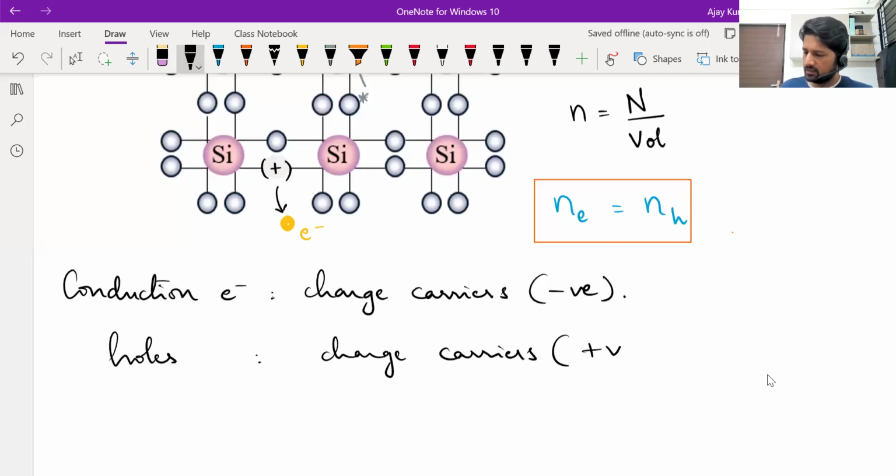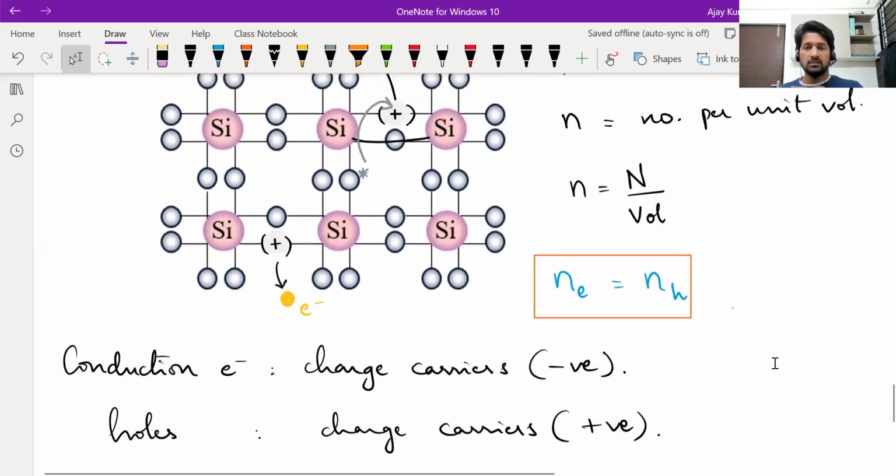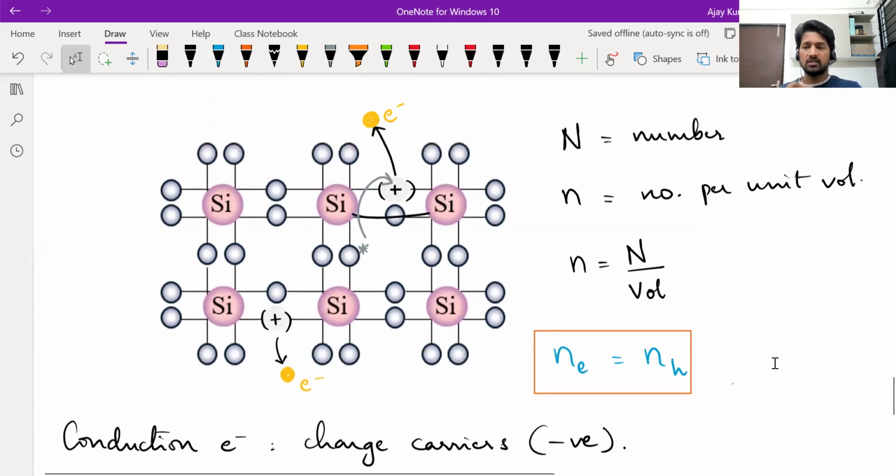And obviously they are positive charge carriers. So remember, conduction electrons move on their own. Holes do not move on their own. Electrons from the surrounding bonds will have to fill these holes. Then it's like the hole shifts to that bond, to the next bond, and so on. So holes can shift. Conduction electrons can anyway shift. They will be roaming around. So both are called charge carriers.